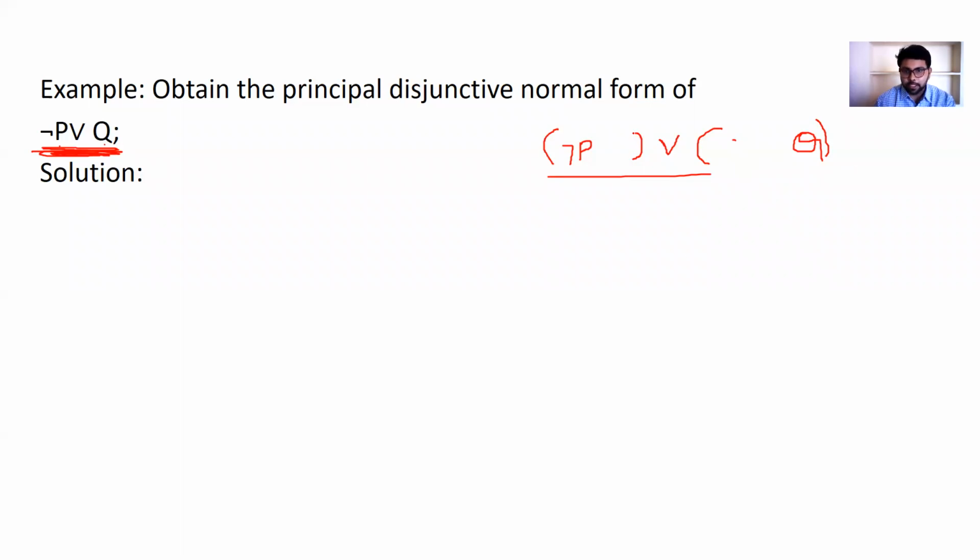In the first term, what is missing? Just tell me, please unmute. I need to make this formula a sum of product form. Here I need products, here also products, and with the products I'm going to make a sum. So what is missing here?